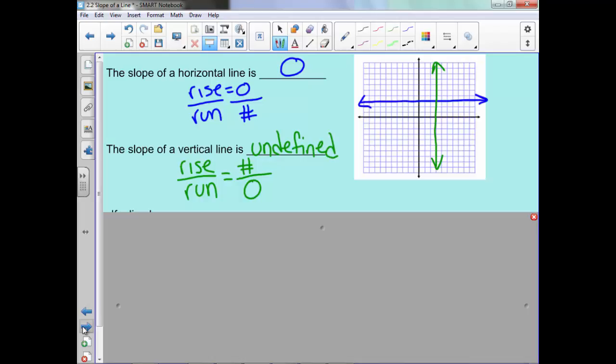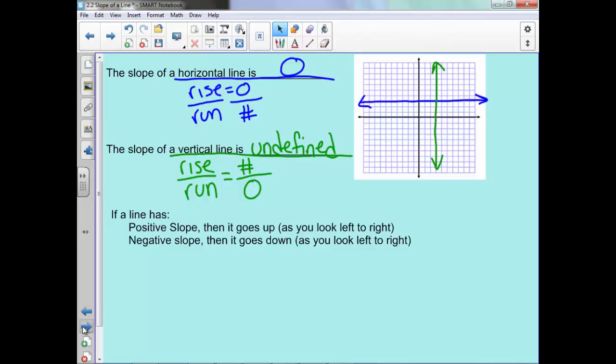So anytime we've got a horizontal line, the slope is going to be 0, and the slope of any vertical line is undefined. Also keep in mind, if you look from left to right and it's got a positive slope, it's going up. If it's going down, you'll have a negative slope.